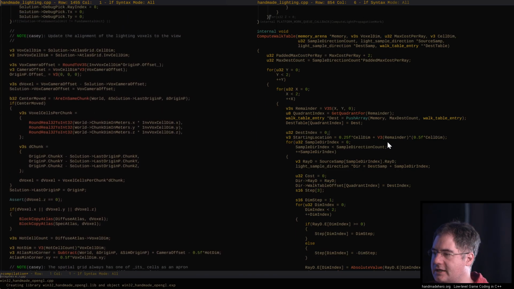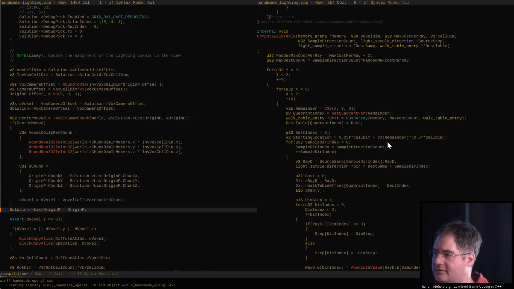So in other words, this part, where we do the center P nonsense, and we look to see if we need to set the dvoxel thing to whatever it's going to be, and so on. If we always forced dvoxel to be on 2s so that the quadrant doesn't change, presumably that would do it.